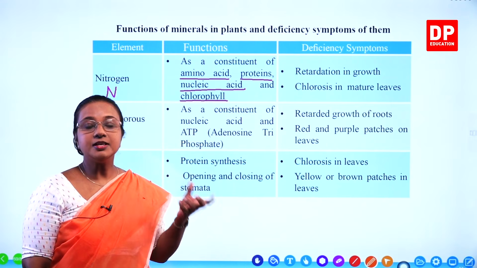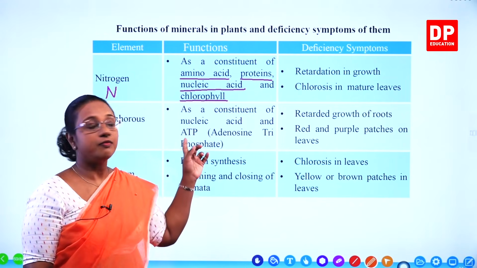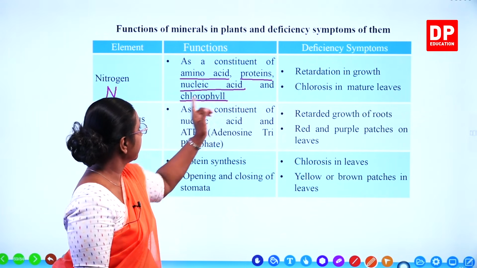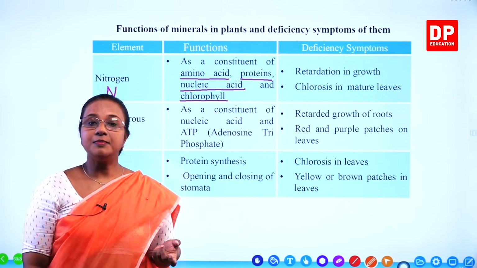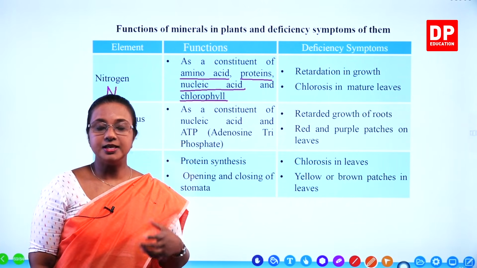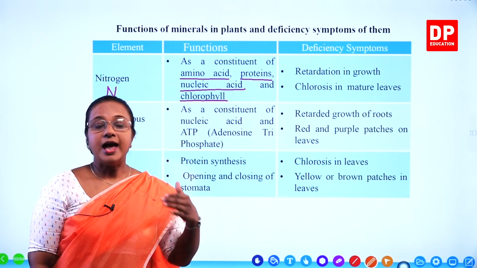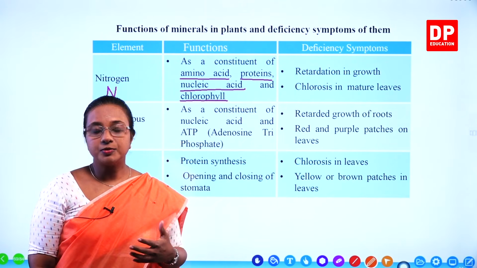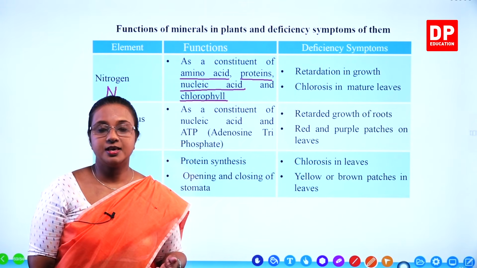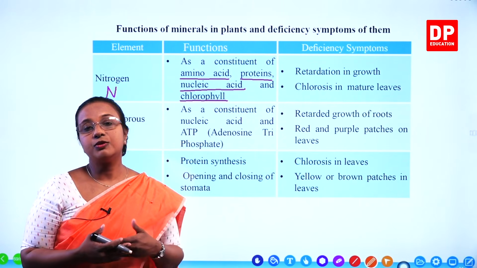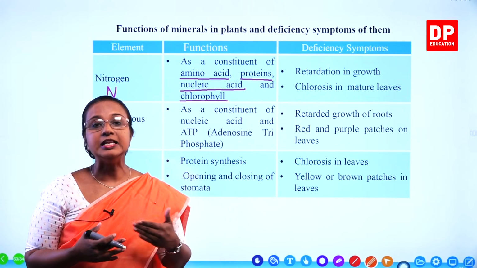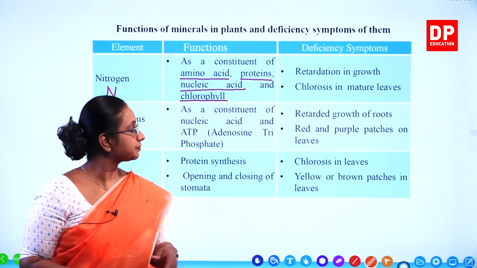So, nitrogen is a main constituent of all these components. Then if we look at chlorophyll, it is the green color pigment that is present in green plants. And it is important for the process of photosynthesis. Actually, photosynthesis takes place in the chlorophyll pigment in green leaves.